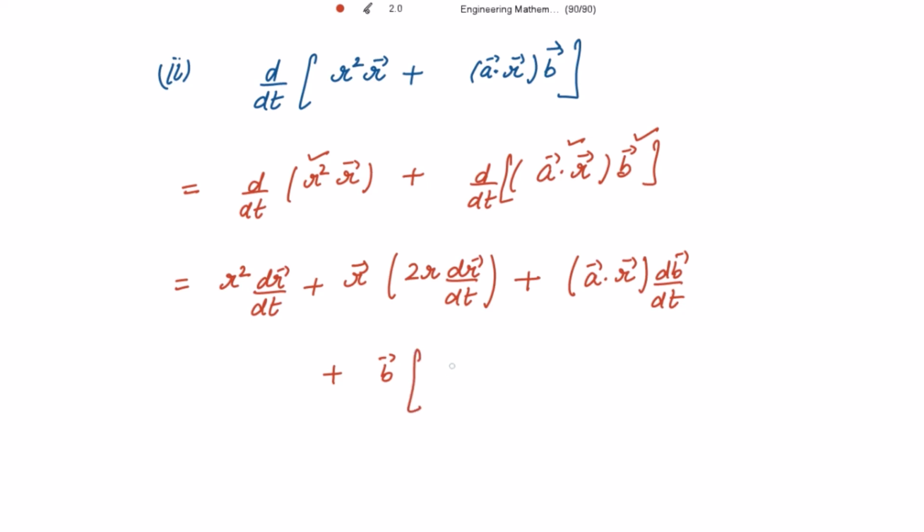So what is the derivative? Writing here dA vector by dt dot product with r vector plus a vector dot product with dr by dt, the derivative of r vector.